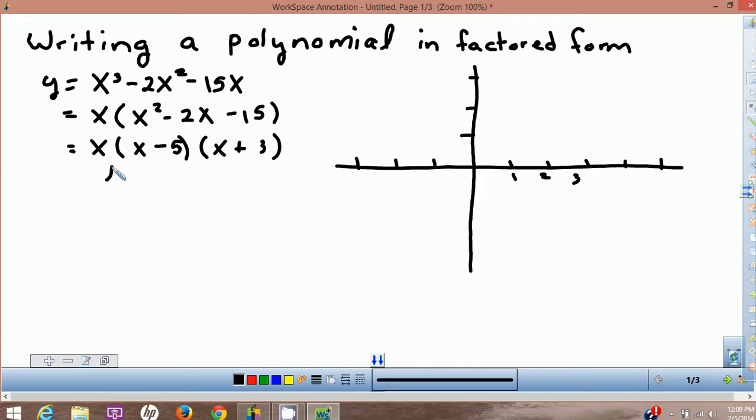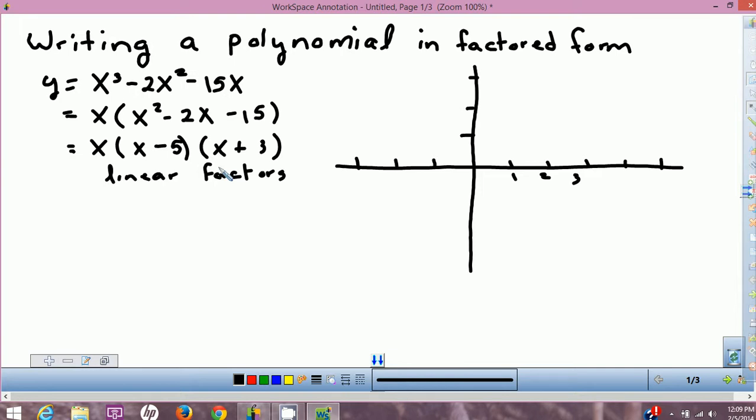These are what are called linear factors because each one of those factors has a highest power of 1. Each one of them is in itself a linear polynomial. This is a polynomial in completely factored form. I don't have any powers of x at all in my polynomial.